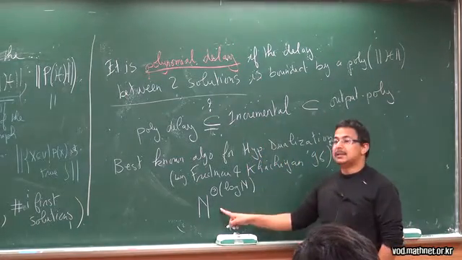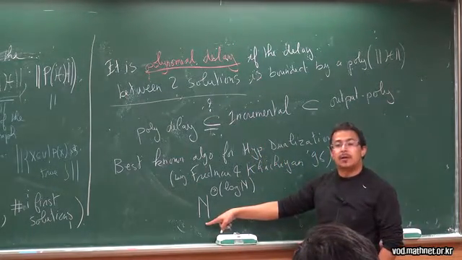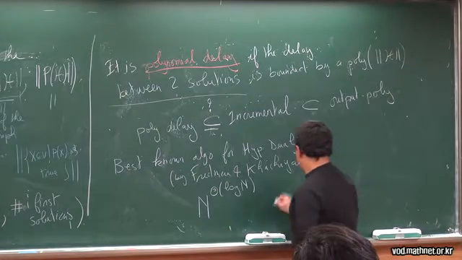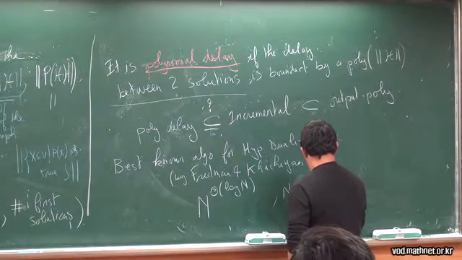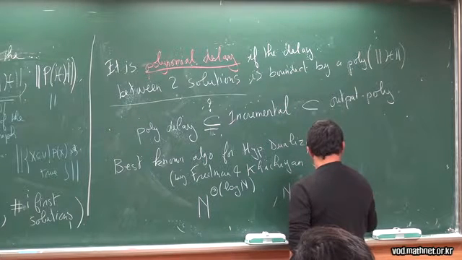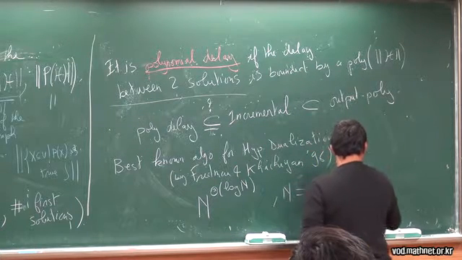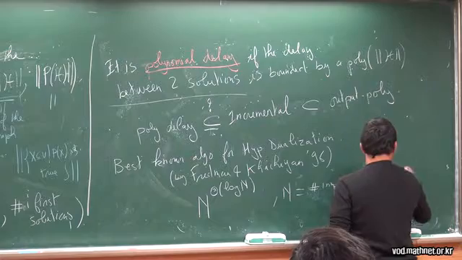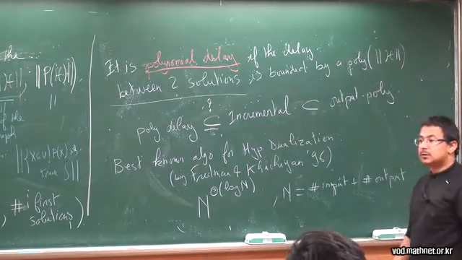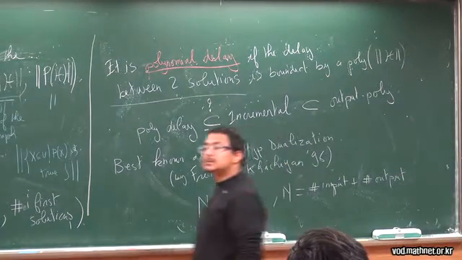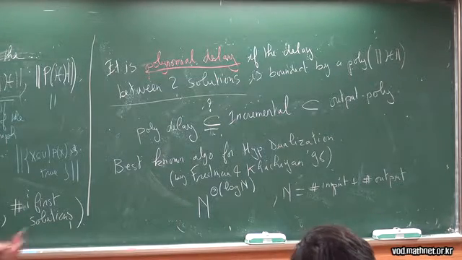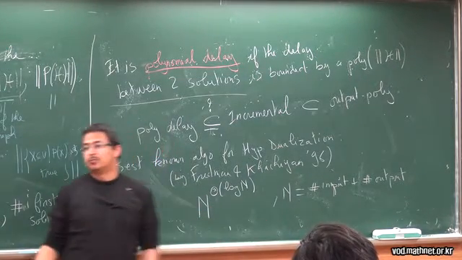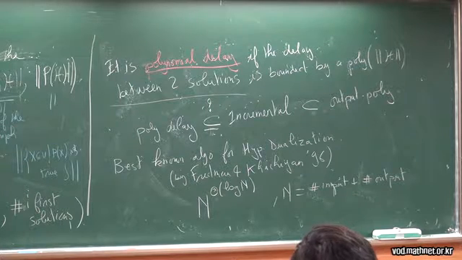The complexity is n to the little o of log n, where n is the size of the input plus the size of the output. It is the best algorithm we have. So it's not incremental, it's not output polynomial, it's just quasi-polynomial.